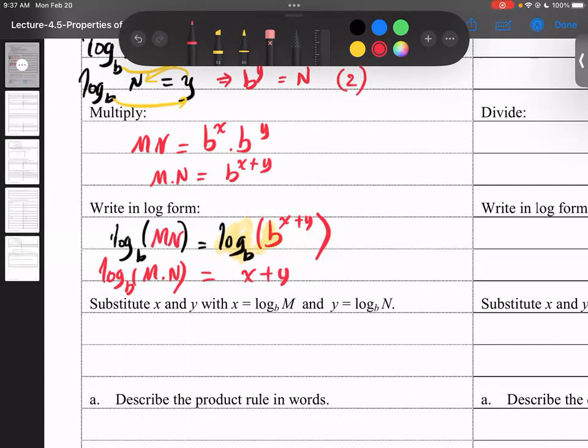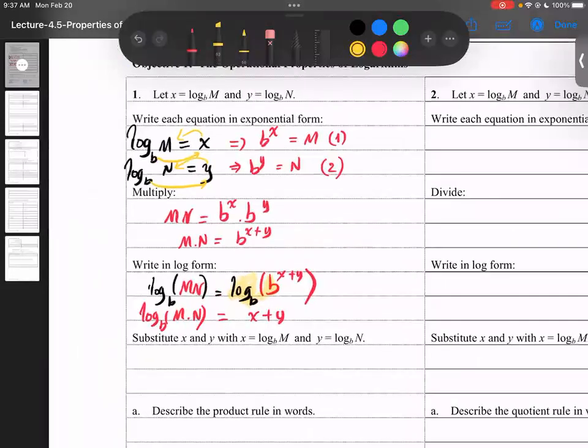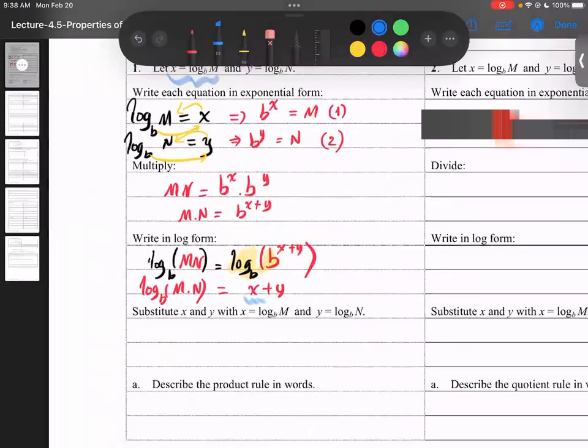Now I'm going to substitute what x and y are. Remember in the beginning, x is log base b of m. I'm going to replace x with log base b of m. So continue down here, log base b of m.